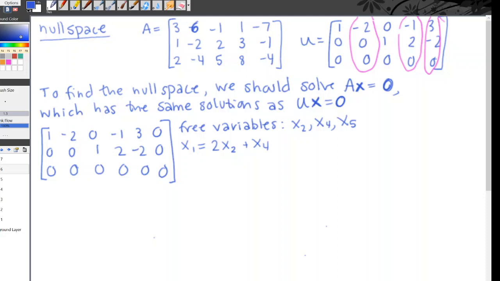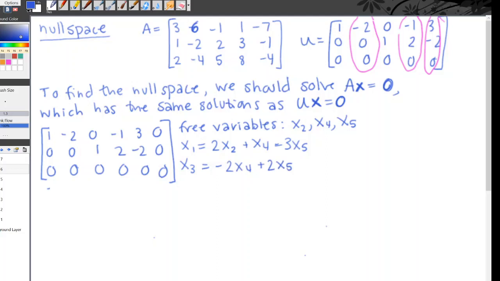So let's see. 2x2 plus x4 minus 3x5. For some reason I didn't write the minus 3 on my notes. And then we can write down x3, that's the other pivot column, the third column. So we can write that one down as negative 2x4 plus 2x5.